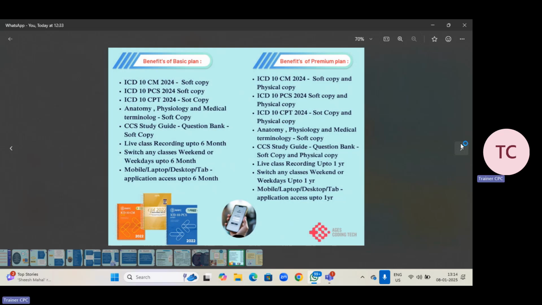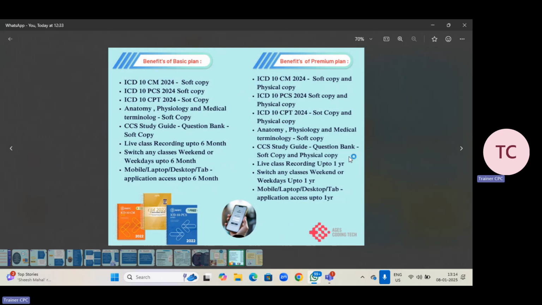That is the ICD-10 CM book, PCS book, CPT book, anatomy, physiology, and medical terminology book, as well as the CCS study guide. All the five materials which I discussed in the basic plan, you get as physical copies along with soft copies in the premium plan. So this is the major difference between the basic and premium plan.